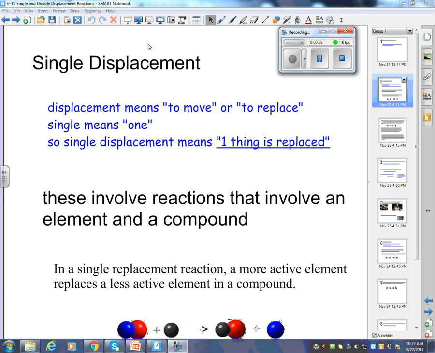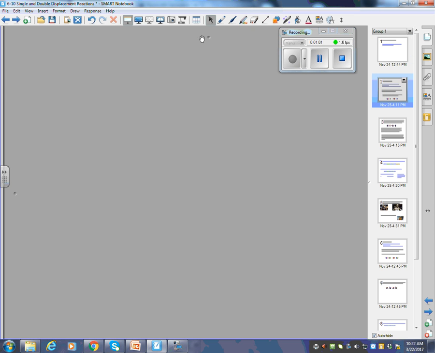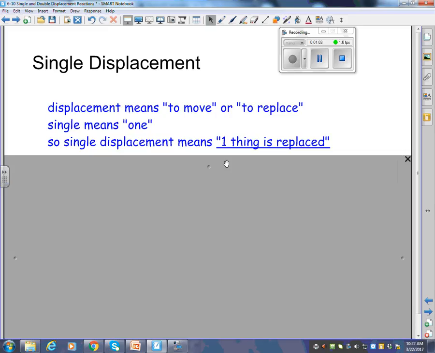Okay, so displacement means to move or to replace. Single, of course, means one. So single displacement means one thing is replaced. And by the looks of things, it looks like you got to do some writing there. So displacement means to move or to replace. Single means one.